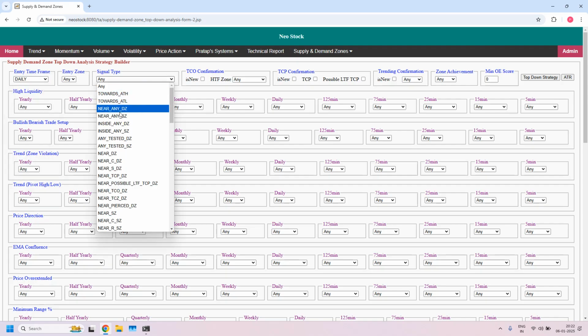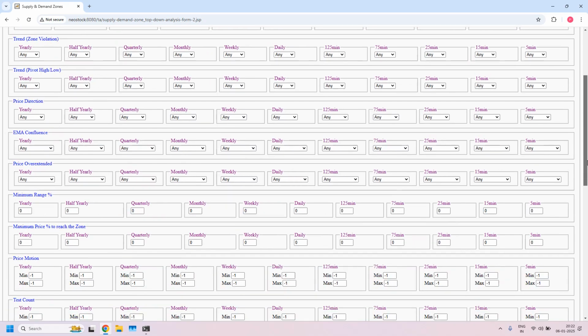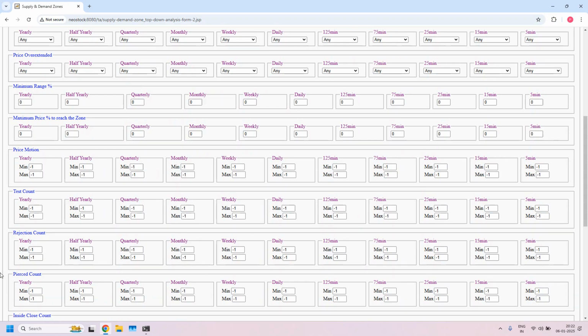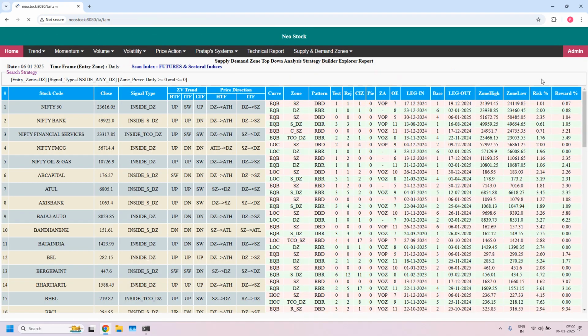Price closed inside the daily demand zone, and these daily demand zones should not be pierced. So in the pierced count at daily time frame, minimum value 0, maximum value 0. So first 15 stocks in the list.